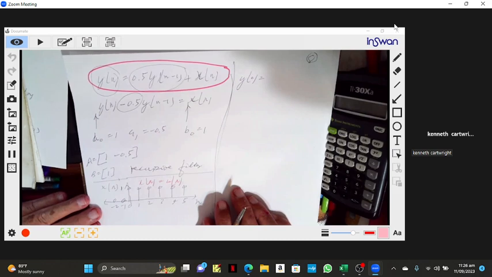Folks, look at the equation circled in red and tell me what y of 0 is equal to.